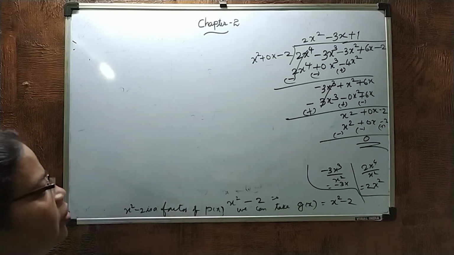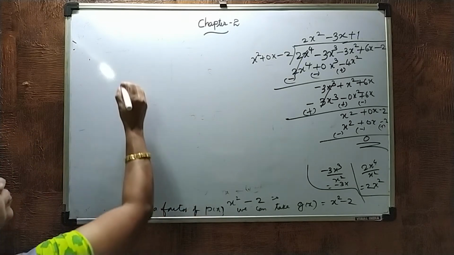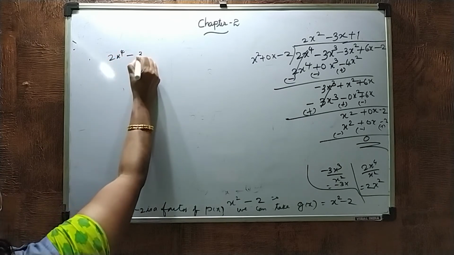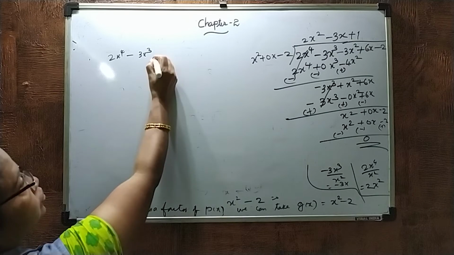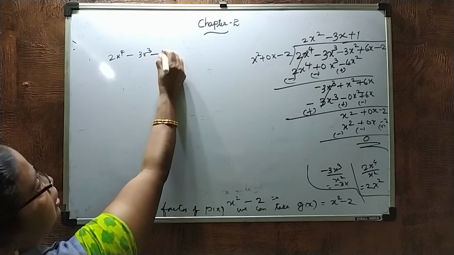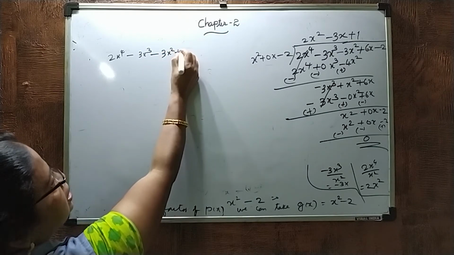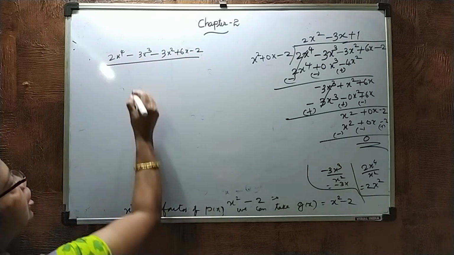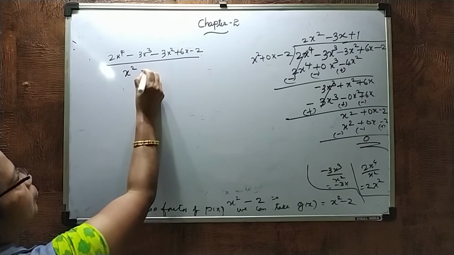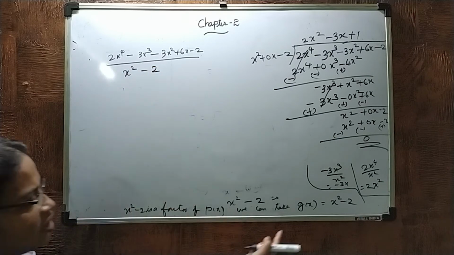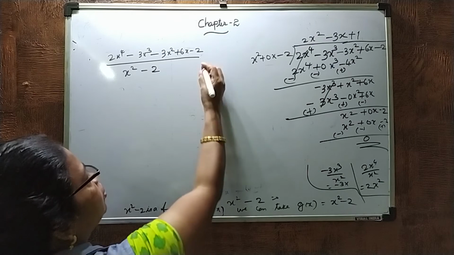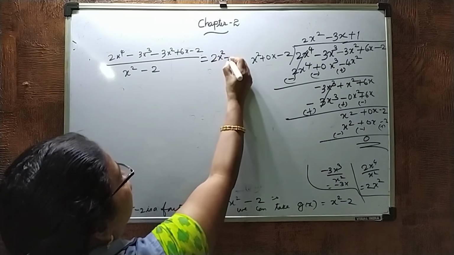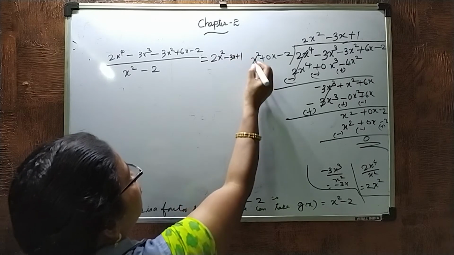So the answer will be, when it is 2x^4 - 3x^3 - 3x^2 + 6x - 2 divided by x^2 - 2. It is given here x^2 - 2; if you write it also, no problem. So you got the answer 2x^2 - 3x + 1.